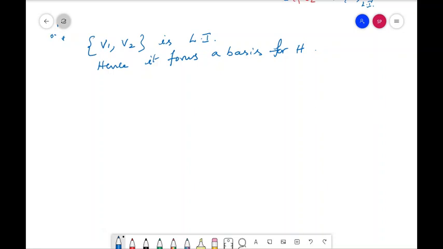But still there is something else asked. Is this basis unique? Now how did we get this v1, v2? By writing the first equation in terms of v3.